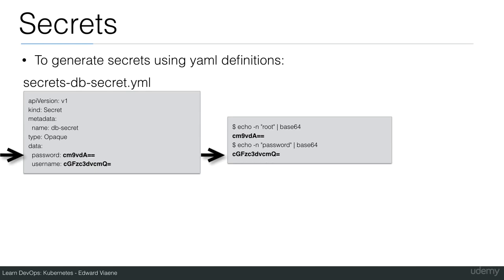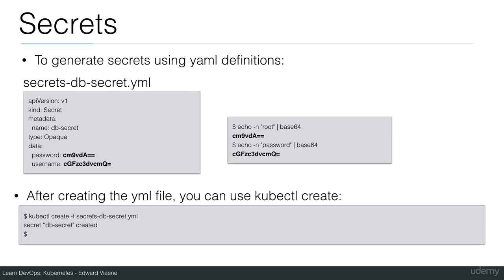You need a Linux or Mac machine, or you can search online for a base64 generation tool. You say, I have the string root, or the string password, and you generate a base64 string for that. Then you use that in your YAML file. After creating the YAML file, you can just use kubectl to create the database secret.